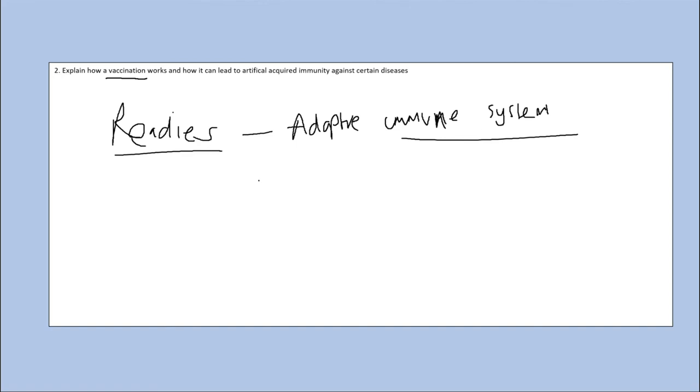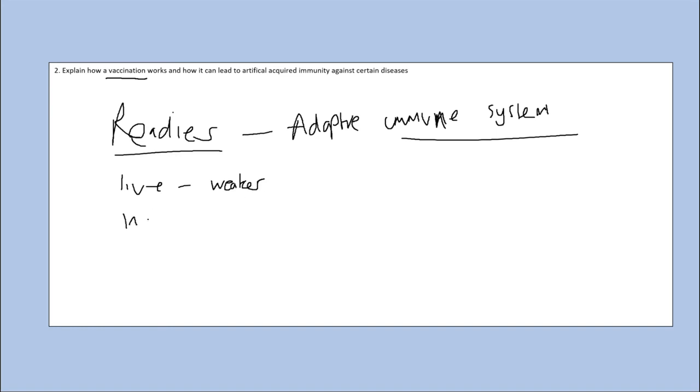So there are different kinds of vaccination. We have live attenuated vaccines, which are weaker versions of the pathogen. They're adapted somehow in that they're not as infectious.